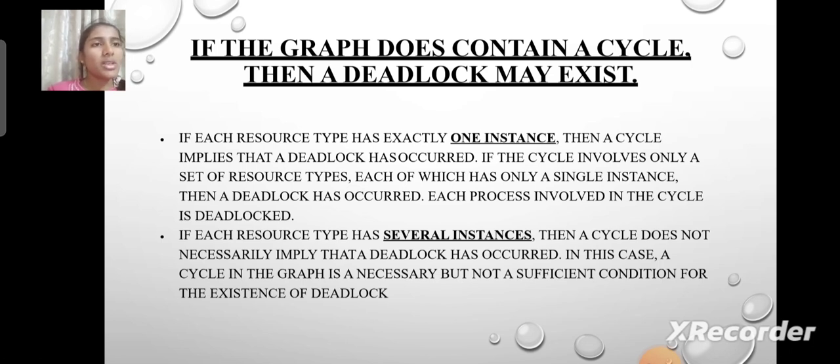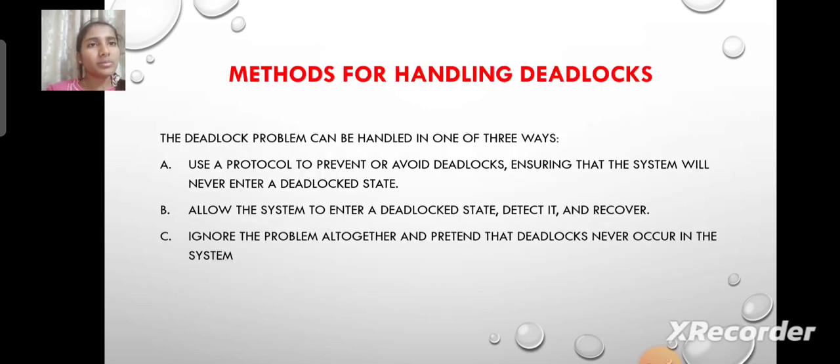Each process involved in the cycle is deadlocked. If each resource type has several instances, then a cycle does not necessarily imply that deadlock has occurred. A cycle in the graph is necessary but not a sufficient condition for the existence of deadlock.